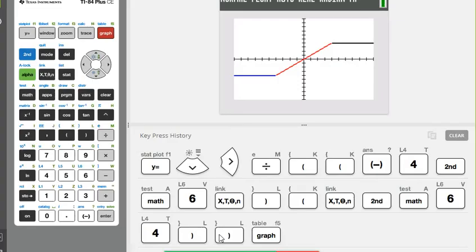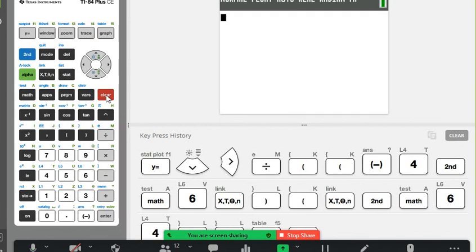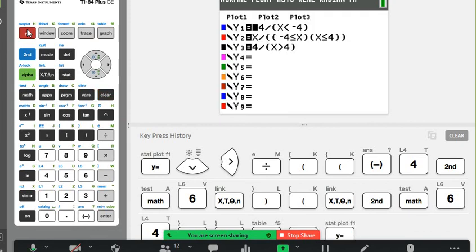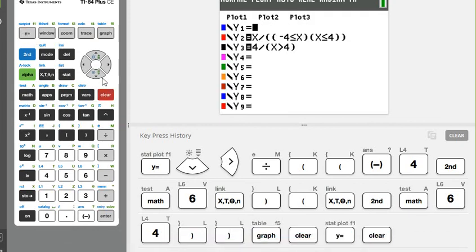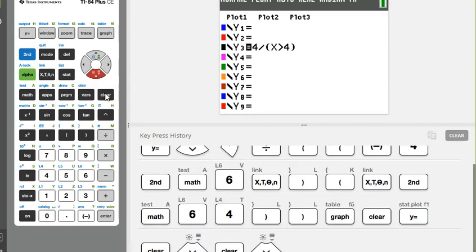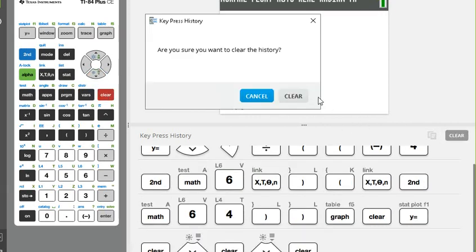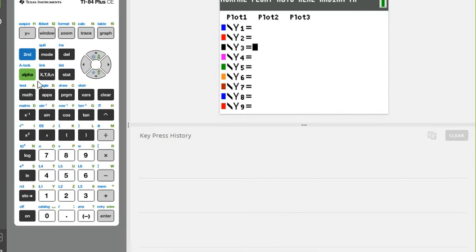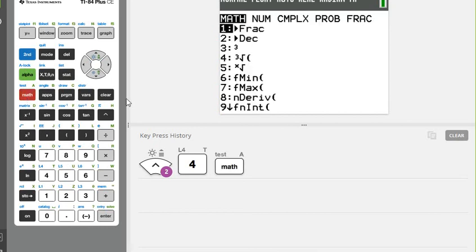Let me just, for the sake of completeness, throw that graph up here. Let's clear that out. So I want the fourth root, so I'll type in a 4 here, and then let's think math.